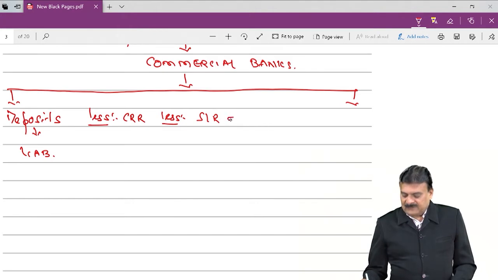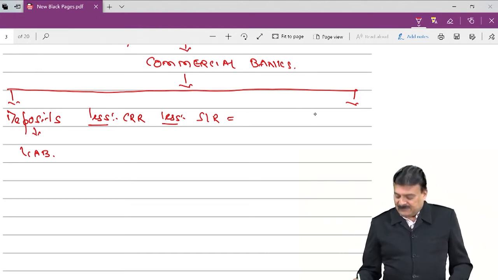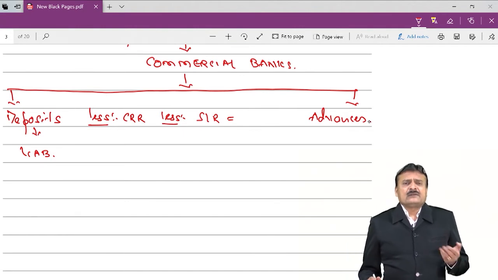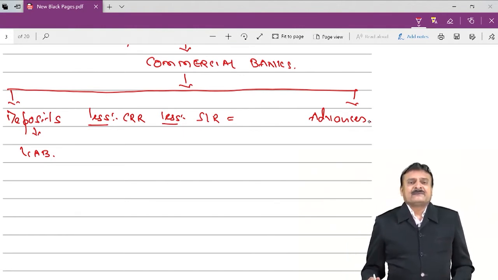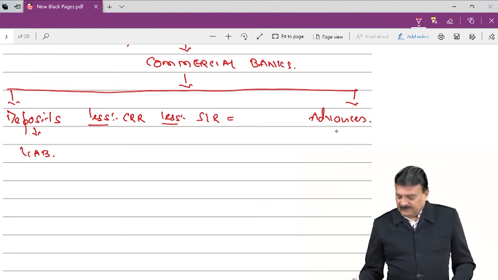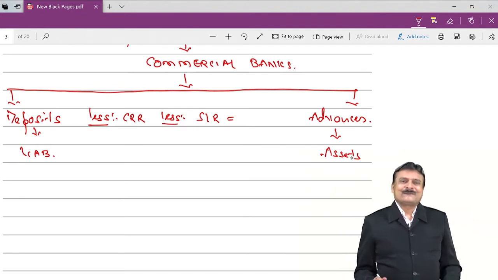And after SLR, whatever money is left with the banking company, the bank will utilize in giving advances back to the public. Advances, you can say, giving loans back to the public, giving them funds. These advances given by the bank become assets for the bank because they are receivable for the bank.